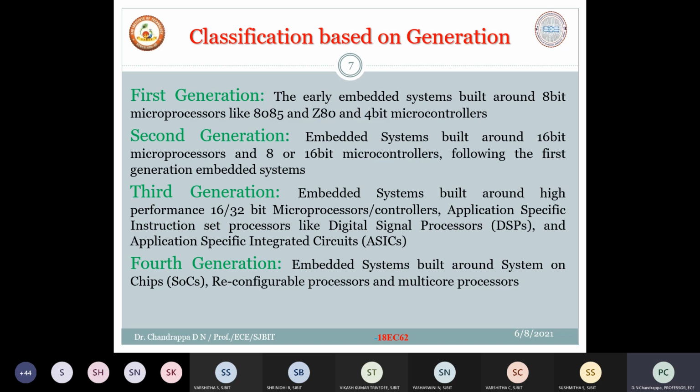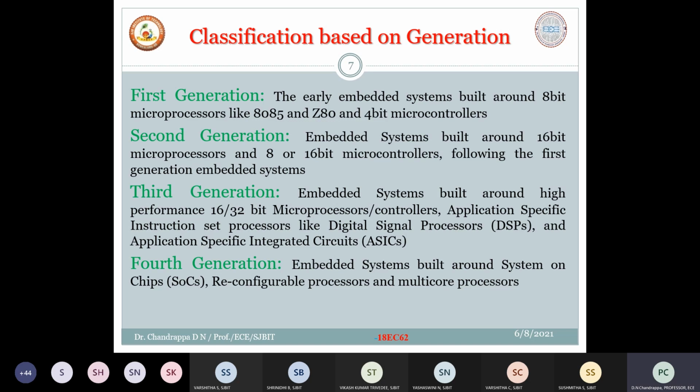Even some small 32-bit controllers were introduced, but in the market mainly 16-bit microprocessors and 8-bit microcontrollers were introduced. That is the second generation.